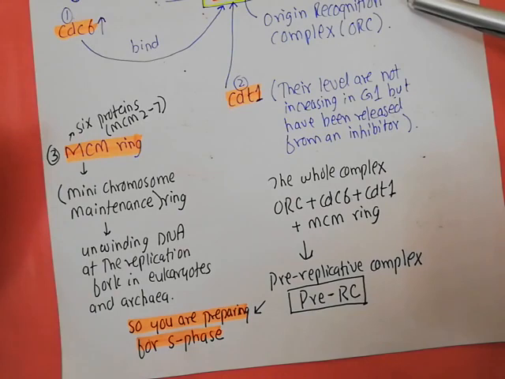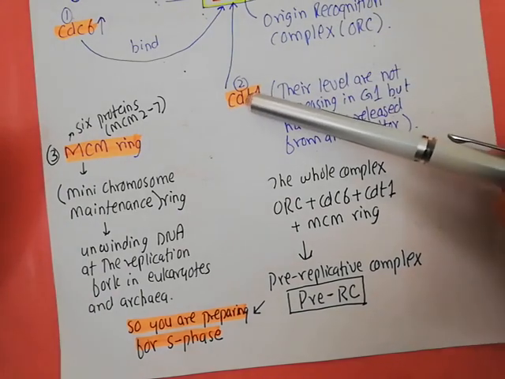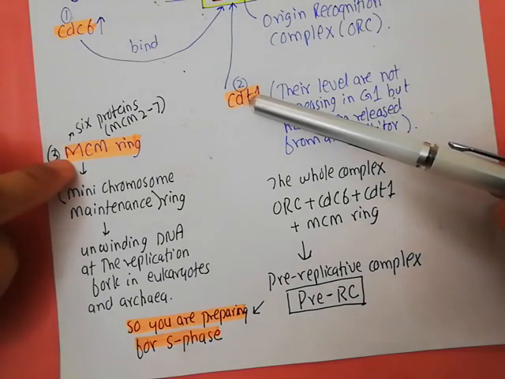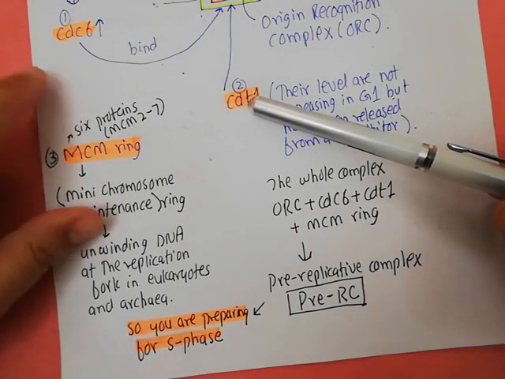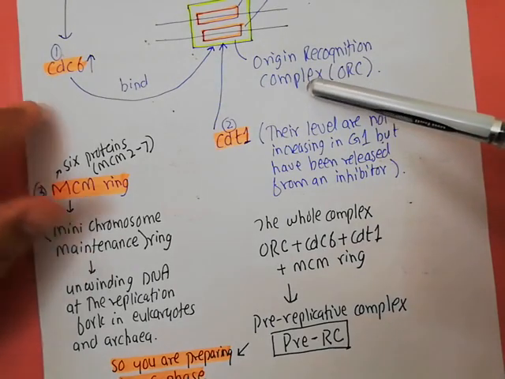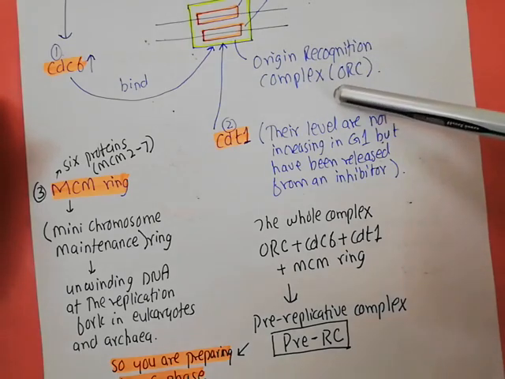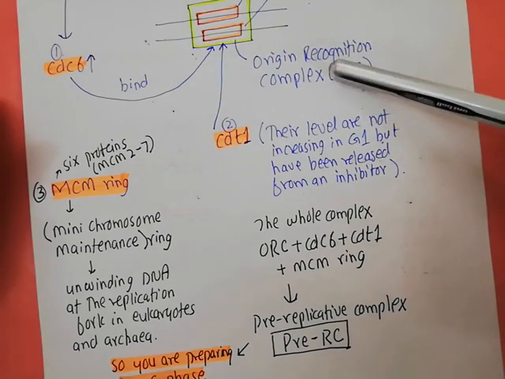So when the Cdc6 has bound to the origin recognition complex, and the CDK-4 has bound to the origin recognition complex, the binding of these two proteins creates a docking site for this MCM ring, which is now going to bind to this origin recognition complex. Now what you are doing in the G1 phase is adding extra proteins to this origin recognition complex.